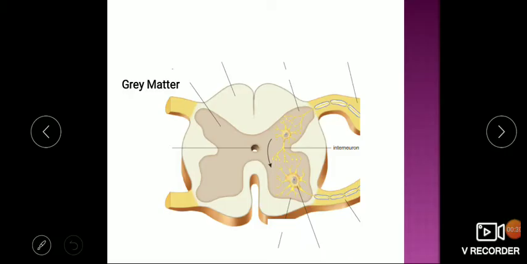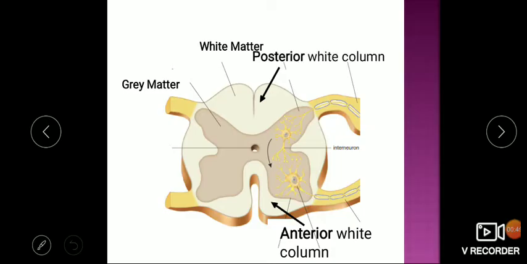Now this H-shaped gray matter divides the spinal cord white matter into three regions based on location. Located anteriorly is the anterior white column, then the posterior white column, and the lateral white column.